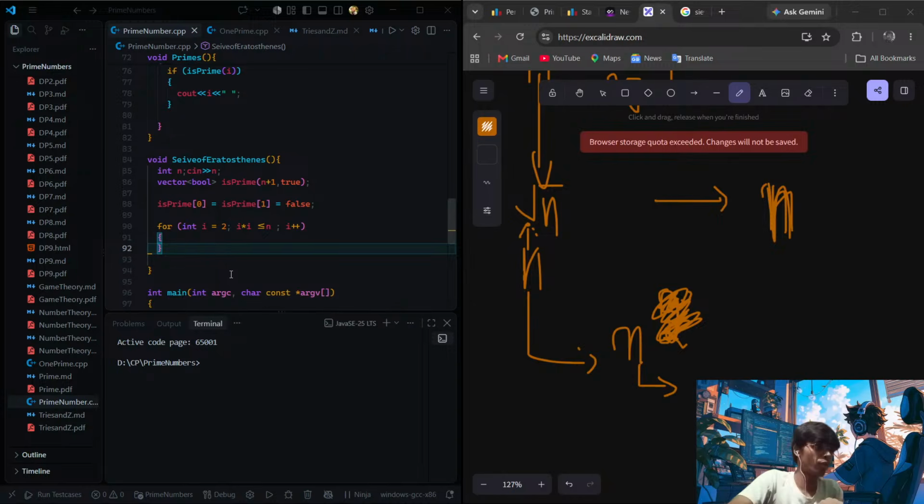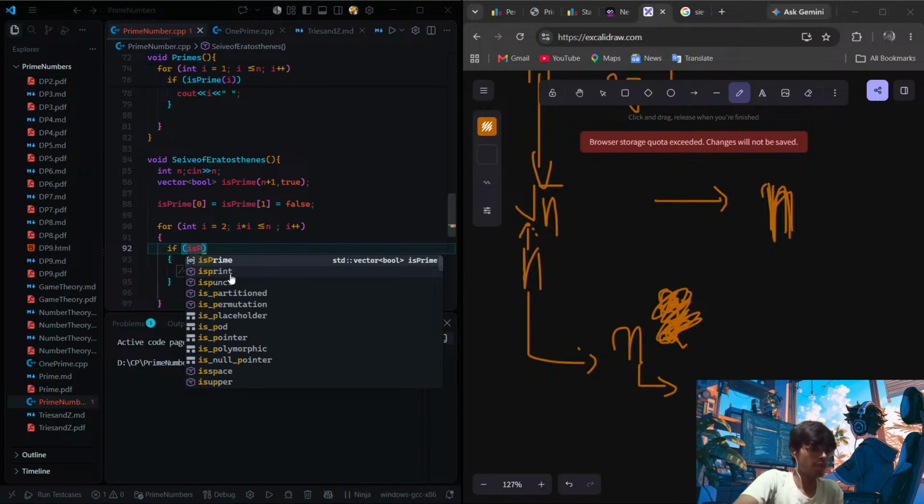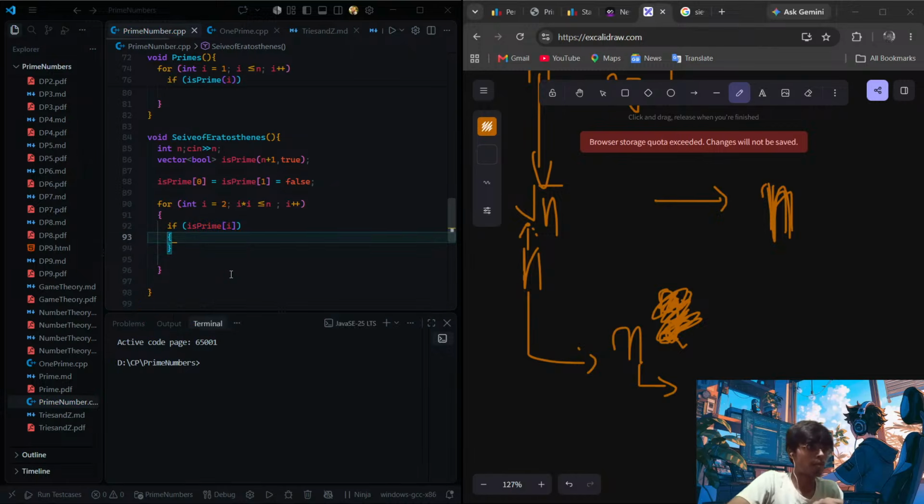And then what I have to do here is check if is_prime[i], if the number I got is a prime number, then for every number from i into i till n, I will mark it as not a prime number. How will I mark this?